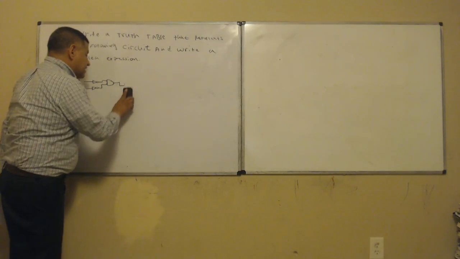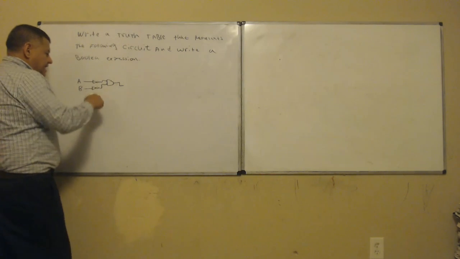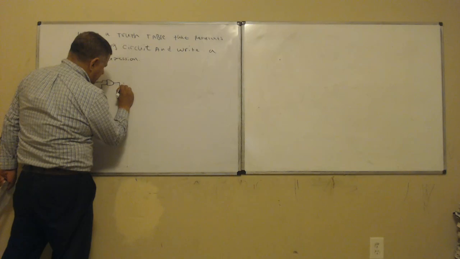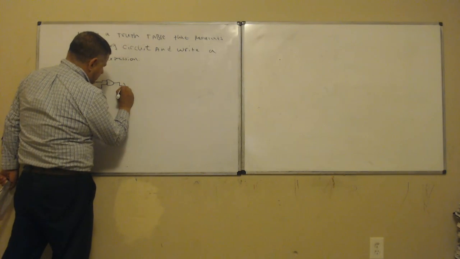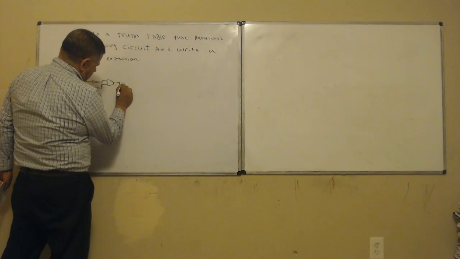The OR gate has the little half moon, right? The AND gate is just straight. The OR gate has a little half moon like that, right?